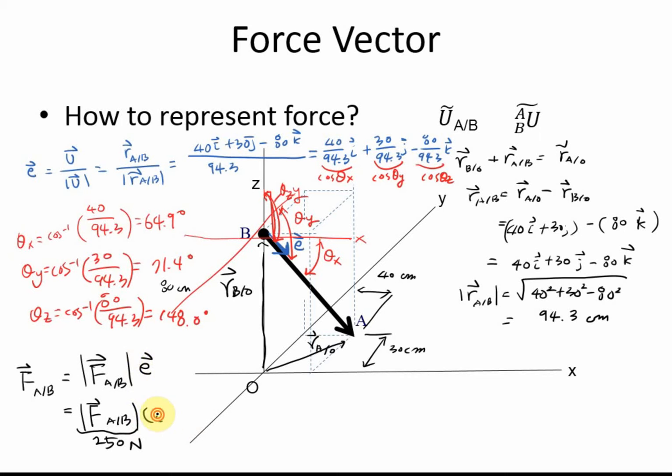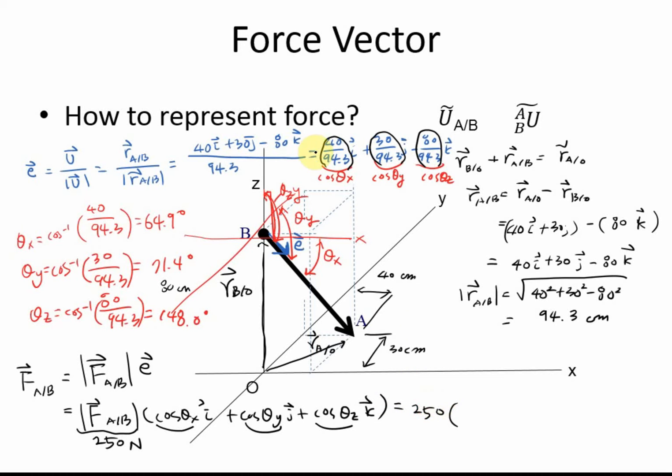Unit vector e is cosine theta x i and cosine theta y j and cosine theta z k, right? So we already know cosine theta x, cosine theta y, cosine theta z. That is this value. So if you want to get the x, y, z components of F, then you can just directly write down this number, okay?